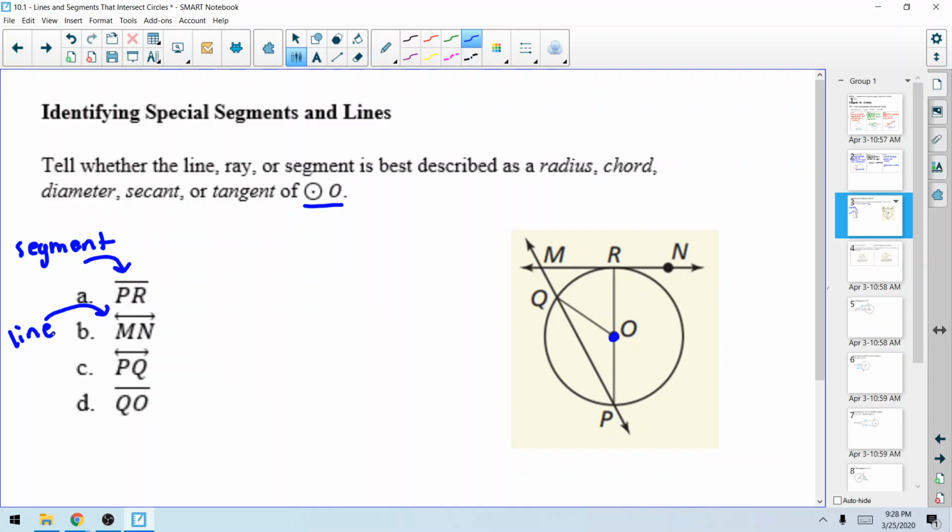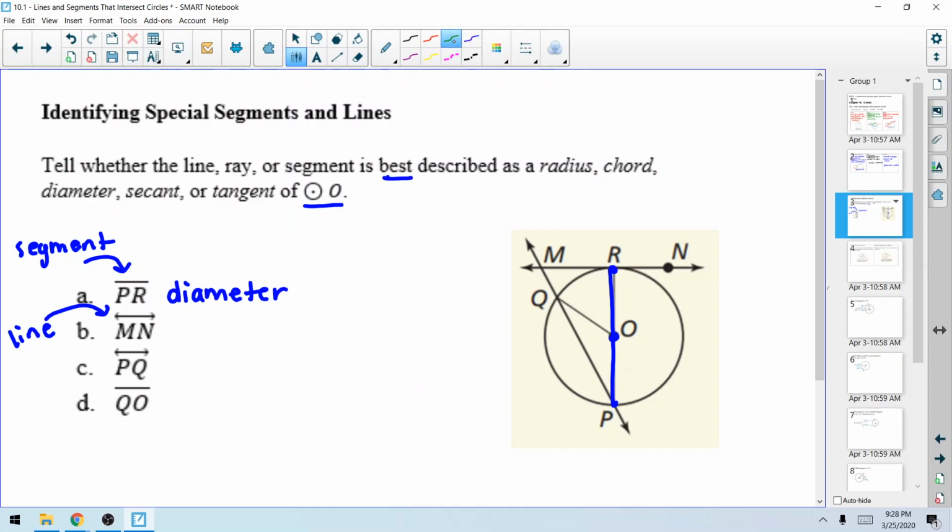So if I'm looking at PR, and they said PR and it stops, I'm looking from P to R. Now it hits on the two ends, it also goes through the center. I'm going to call that one a diameter. Okay, you could also call it a chord, but diameter is more specific and we want to go with the most specific. Okay, keyword best.